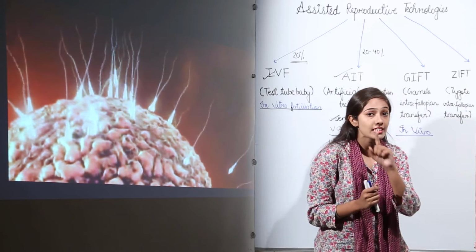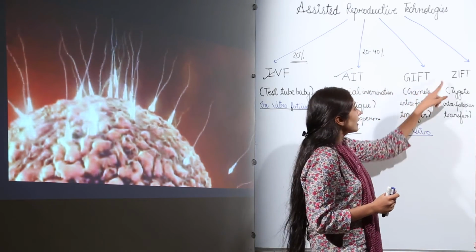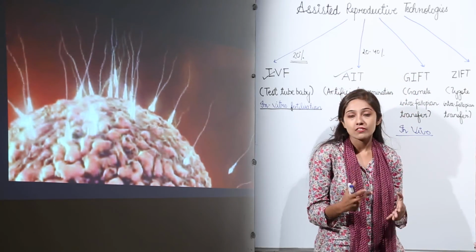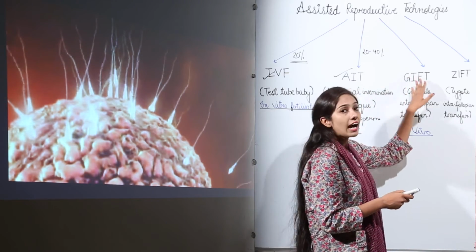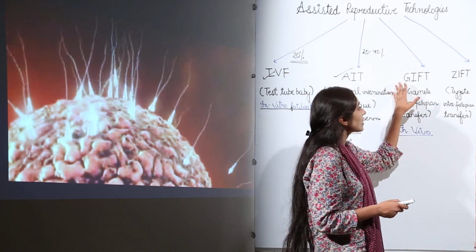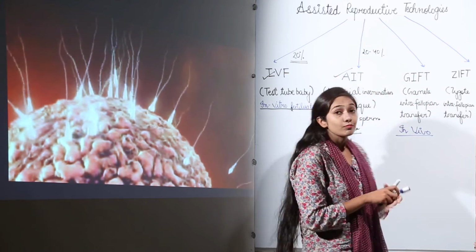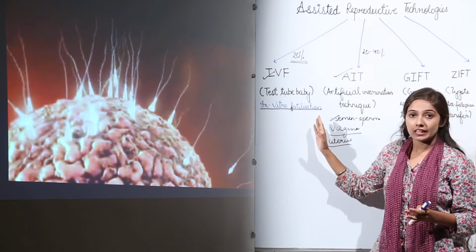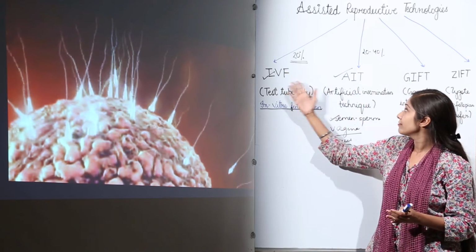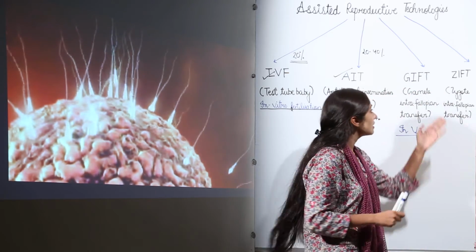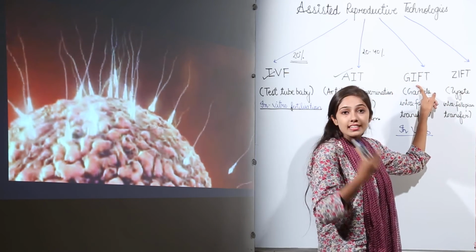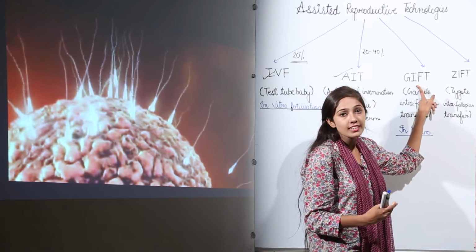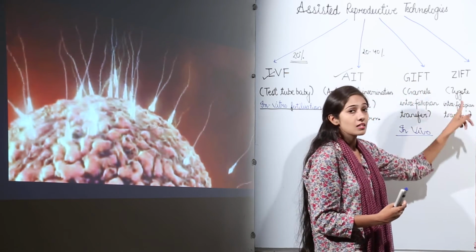Now if we talk about the success rate, GIFT is very expensive as compared to other technologies, but the success rates are comparatively higher. If you consider IVF, AIT, ZIFT, then GIFT has a higher success rate as compared to all of these, and it is more expensive as compared to others.